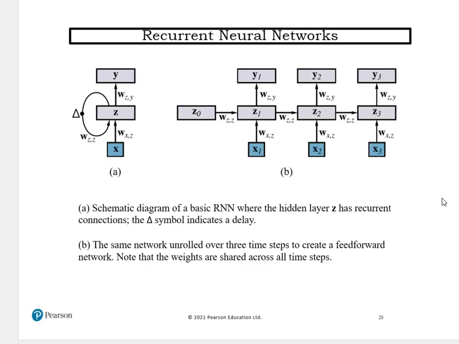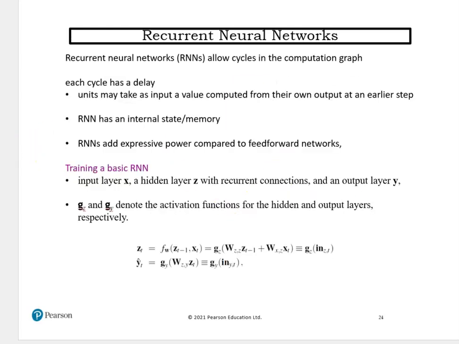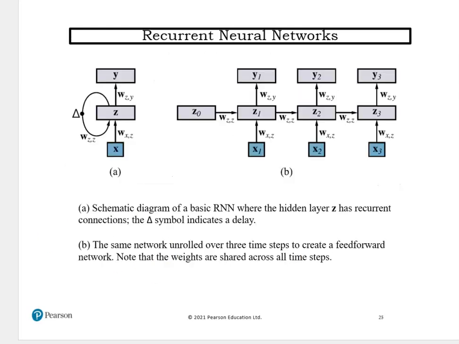Of course, in these equations, remember that gz and gy here are the activation functions for the hidden layer and the output layer. And as usual, we will assume that we have an extra dummy input for each unit as well to represent the bias like we did in the feed-forward network.